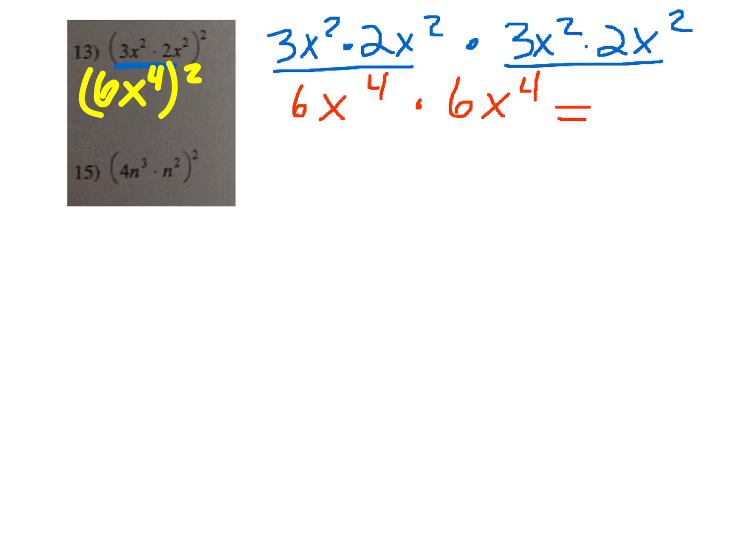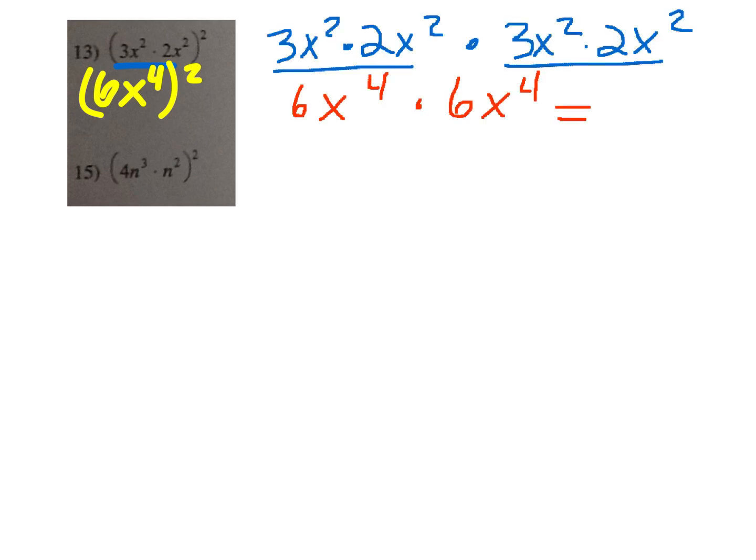Okay, so now what would this look like, number 13? Well, I could keep writing over and over 3x squared times 2x squared times 3x squared times 2x squared, or why don't we combine in the parentheses first? So I would have 3 times 2, which is 6, and I'd have 4 x's, and then I can square it.